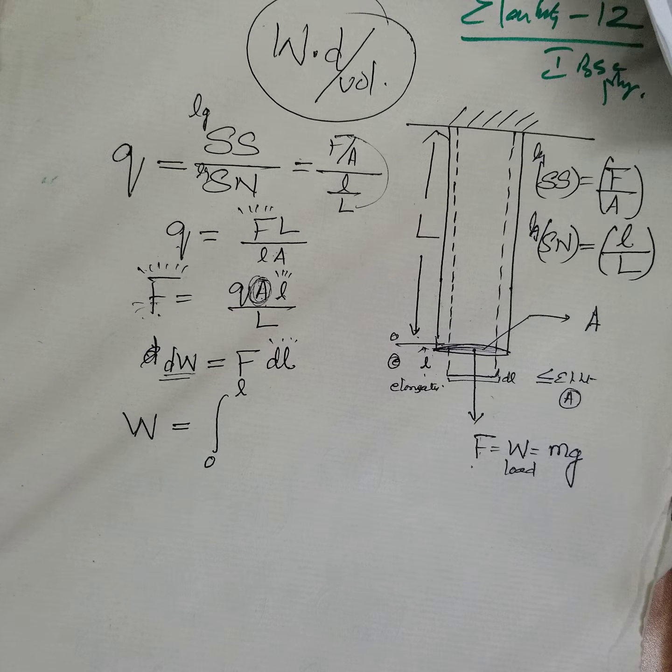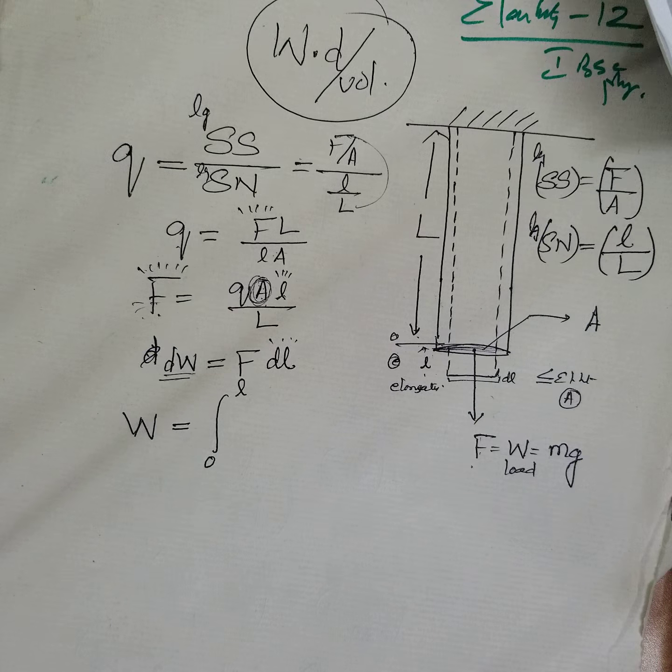Now you know that the integration of x dx is equal to x square by 2. Instead of x you have l. Therefore, W is equal to QA by L into l square by 2. Lower and upper limits you substitute.